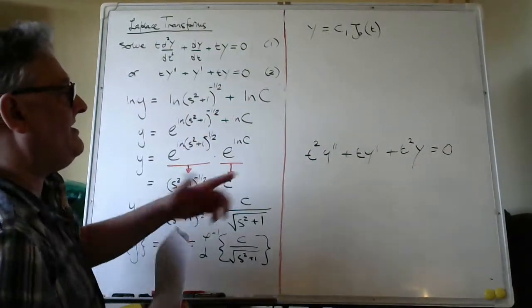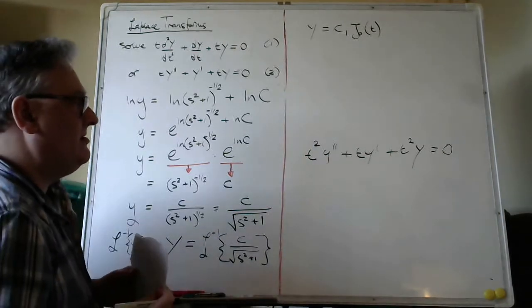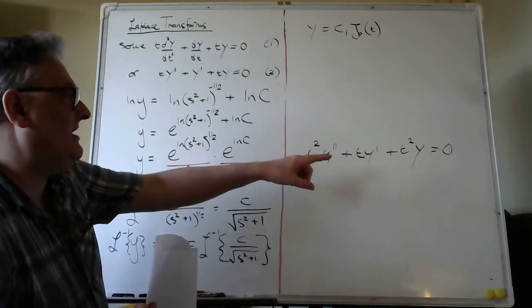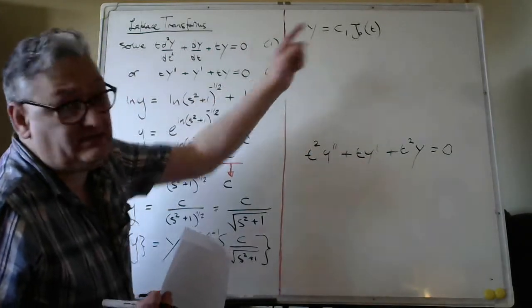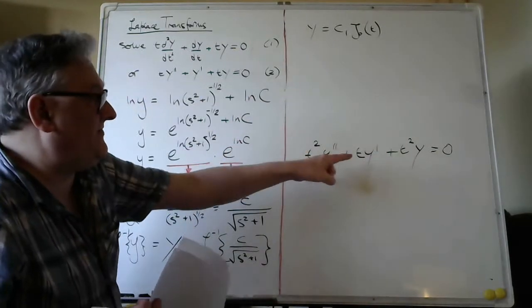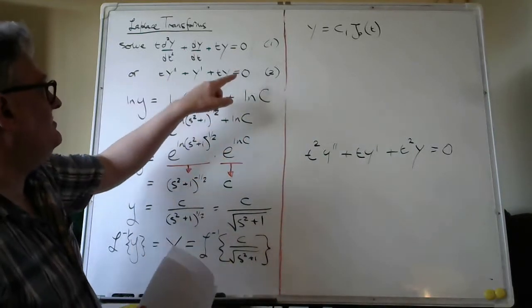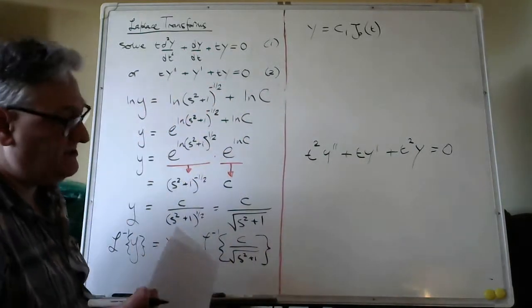But as you can see, you can cancel the t's. So that is a Bessel ordinary differential equation, and that is a Bessel function. That solves that equation, and therefore solves equations 1 and 2 as well.